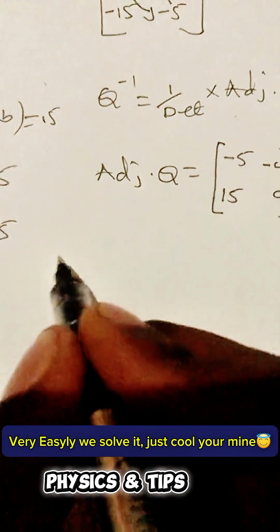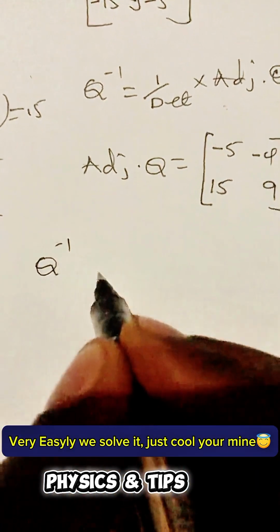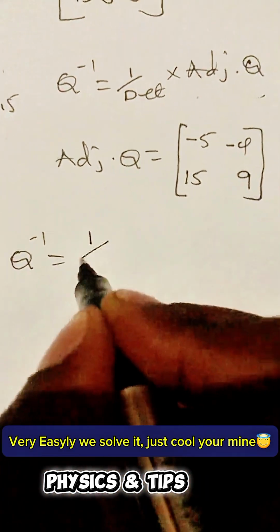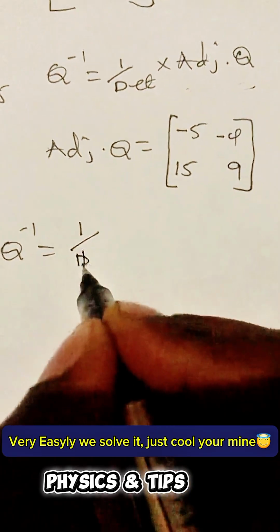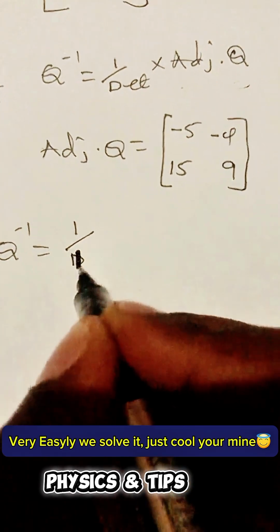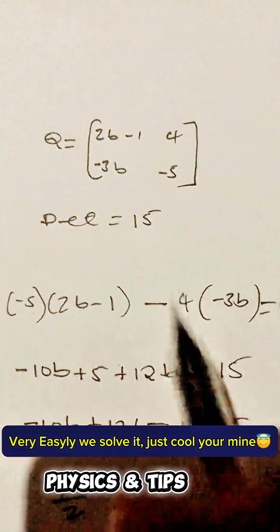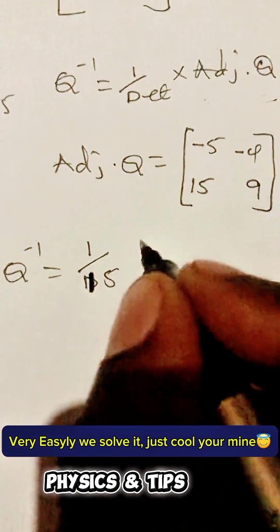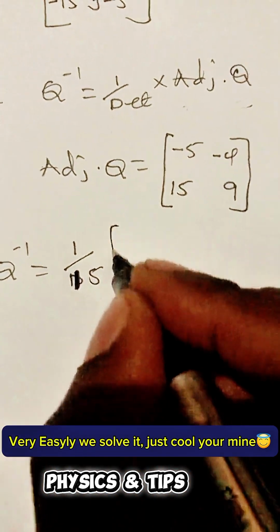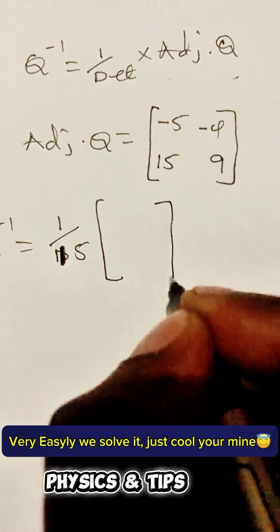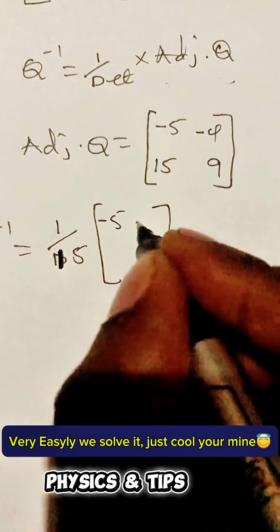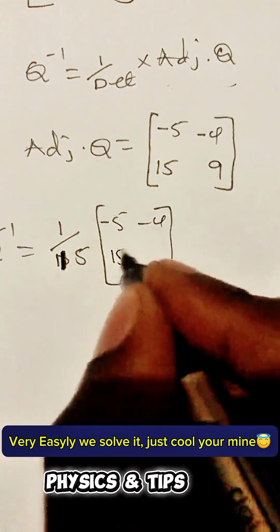Having done that, we can now say the inverse of this matrix Q is equal to 1 over the given determinant, which is 15, because we were told that the determinant is equal to 15. So we'll say 1 over 15 multiplied by the adjoint, which is negative 5, negative 4, 15, and 9.